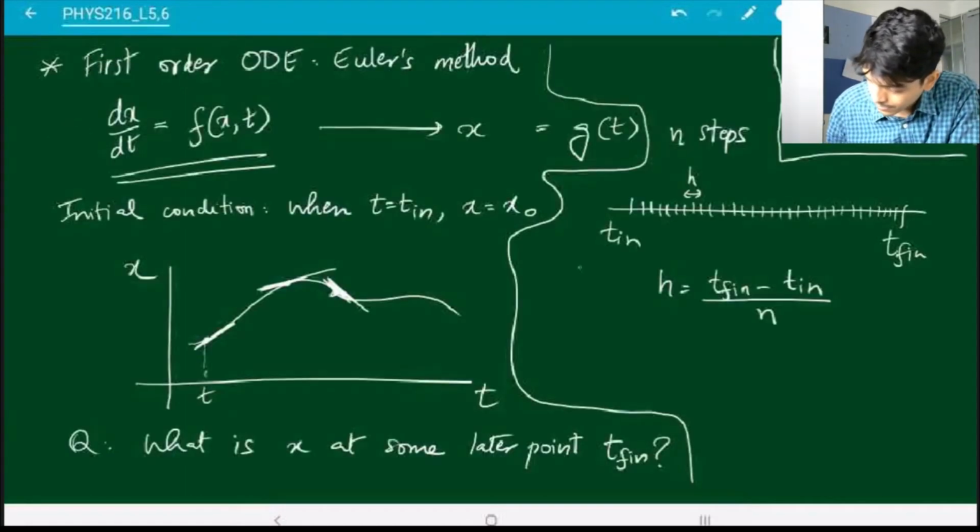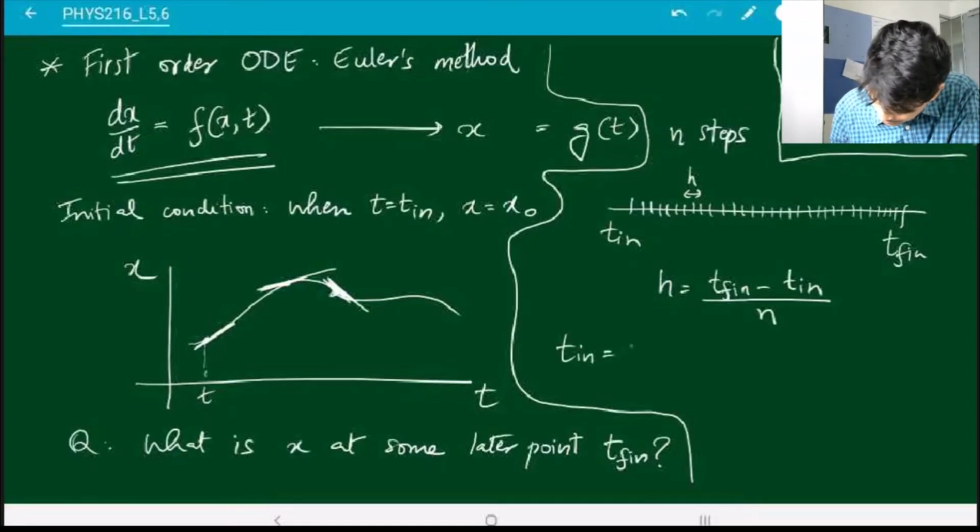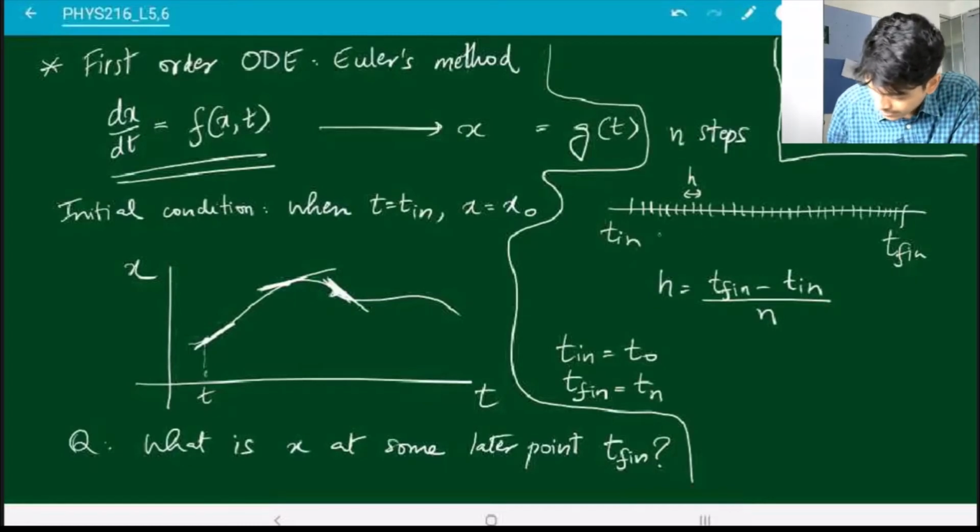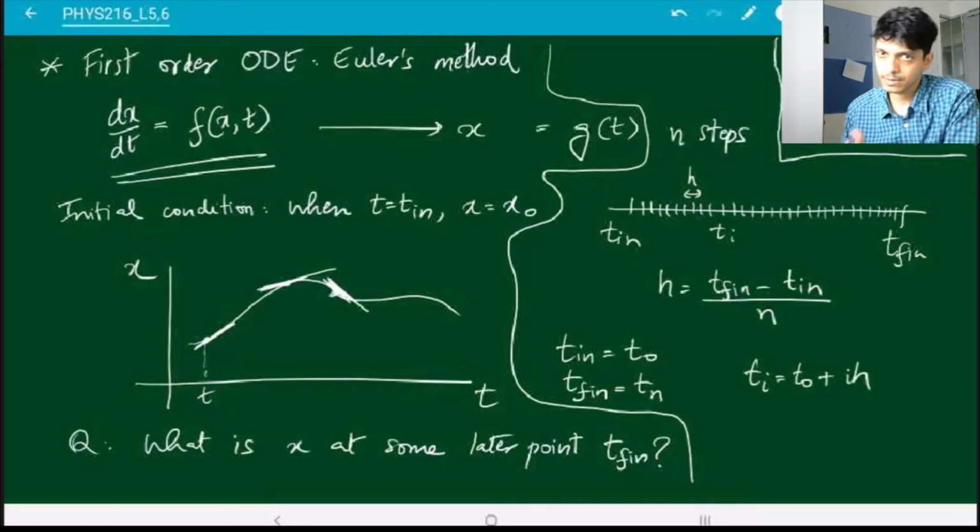So having done this, if I call t initial as t0 and t final as tn, then every intermediate step, suppose this is the ith step, ti is going to be t0 plus i h. Again, you have done your calculation using trapezoid and Simpson's methods, and this is exactly what you did when you broke up the interval. So at every ti you're getting it in terms of i and h.